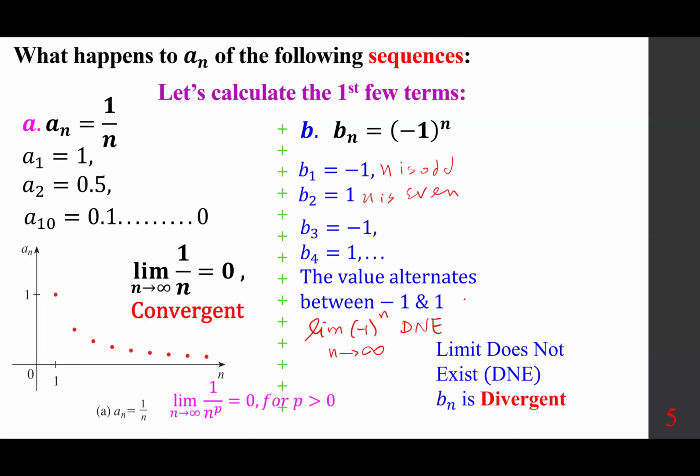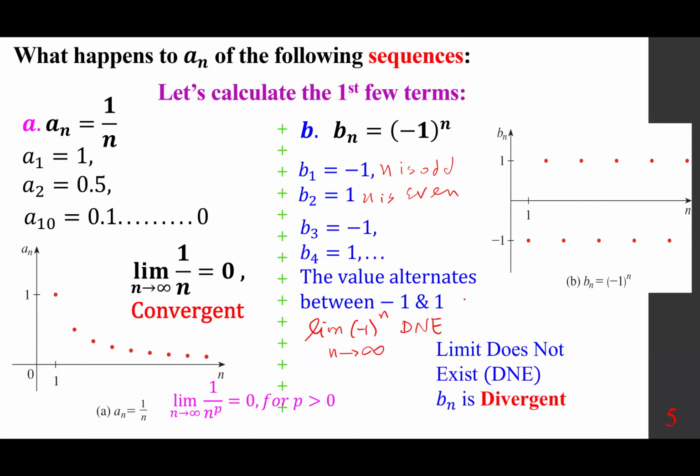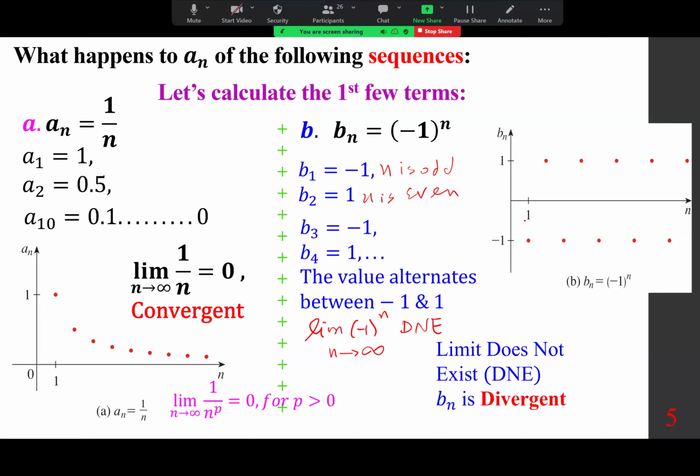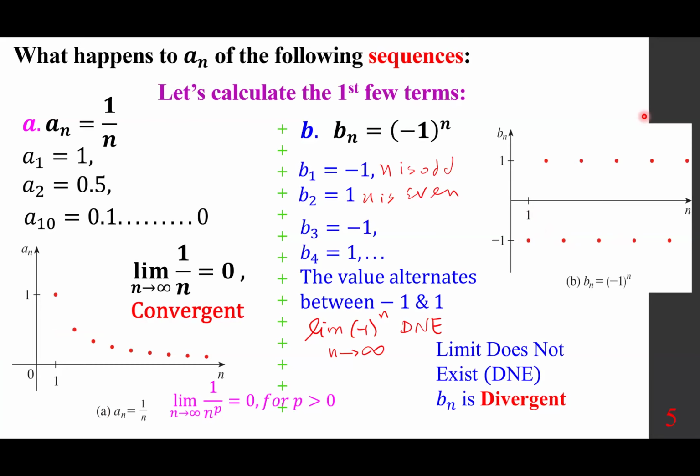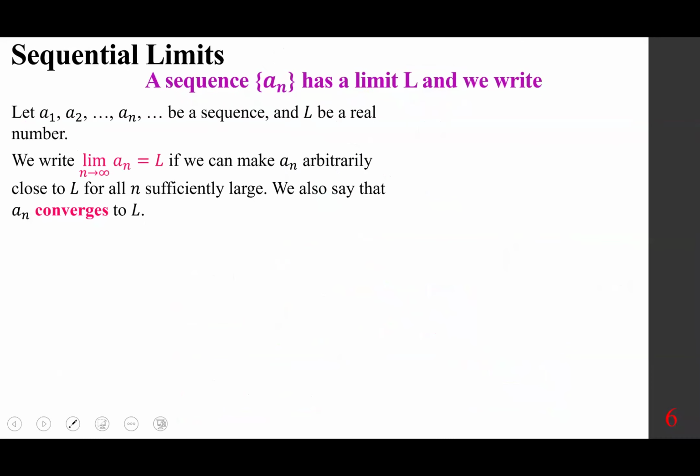And if you were to graph it, it looks like this, which shows the numbers jump from one value to the next. Therefore, they oscillate. There is no limit. All right, let's move on, everybody.